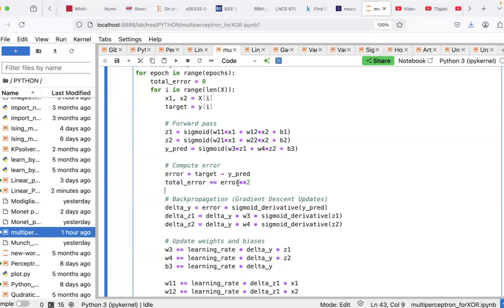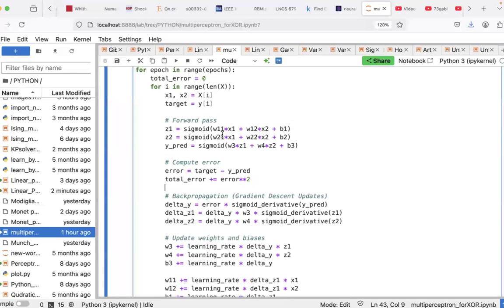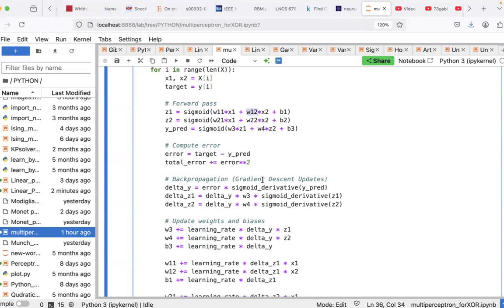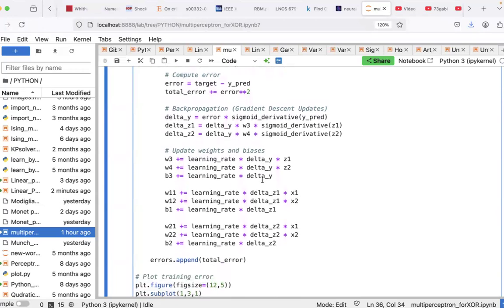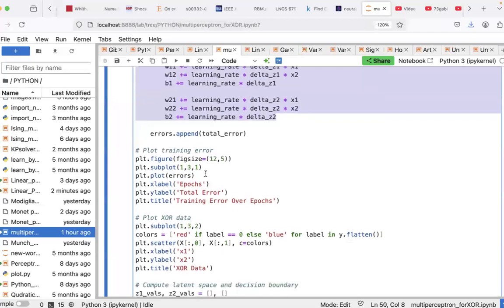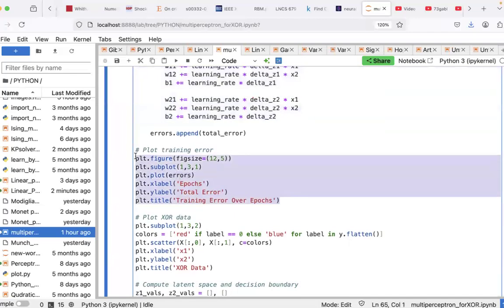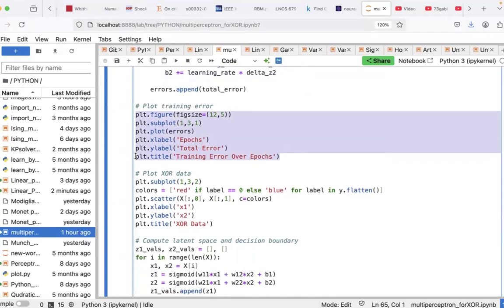And in order to update the weights, now we will need to compute the gradients, the derivative of the error with respect to these parameters. And this is done through the backpropagation algorithm, which is very efficient, and this is basically the algorithm that does the updates of the weights. And this is repeated over all the epochs. And then we plot the loss function, or training error, as a function of the epochs.